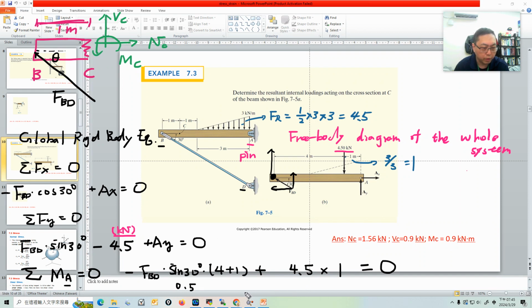So 0.5 times 5 is 2.5, so it's minus 2.5 FBD plus 4.5 equals 0. So FBD is 4.5 divided by 2.5, which is 1.8.